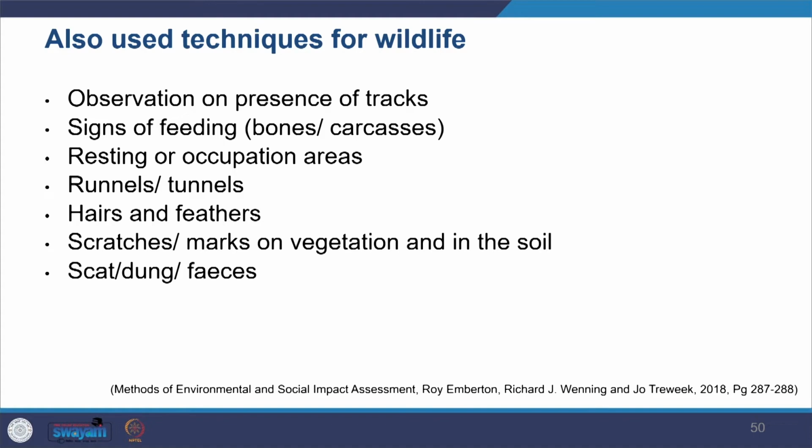Then you can also see resting or occupation areas, runnels, tunnels, and hairs and feathers. Then you can also look for scratch marks on vegetation and in the soil, and then scat and dung or feces can also be seen for finding out what kind of varieties are there. So you would also find a range of guides in this.